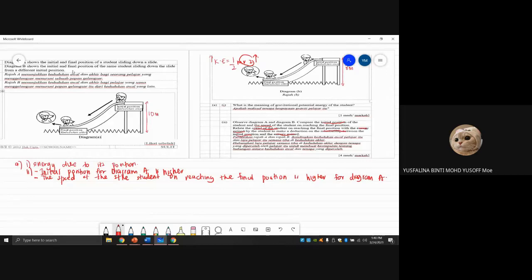Now point three. You have to give the relationship between the speed and the energy gain. So this one you have to use the higher, the lower. What is the relationship here?